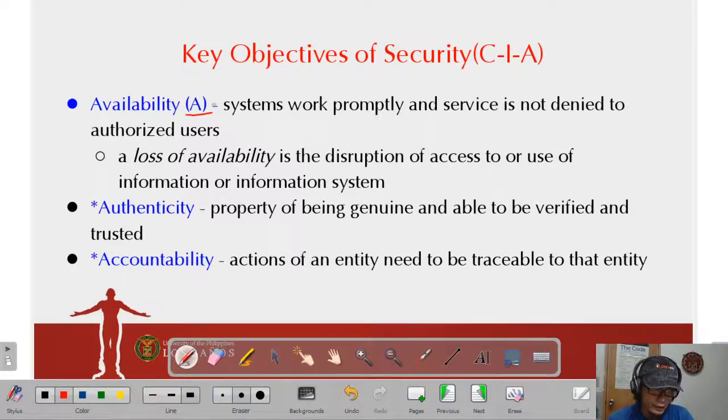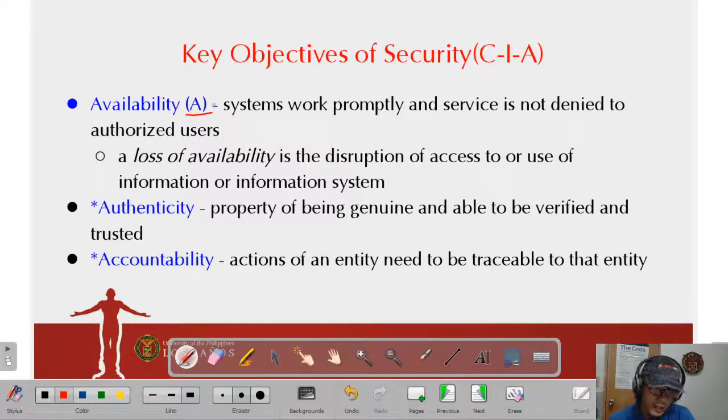For example, you all know that the entry point for SAIS is sais.up.edu.ph.